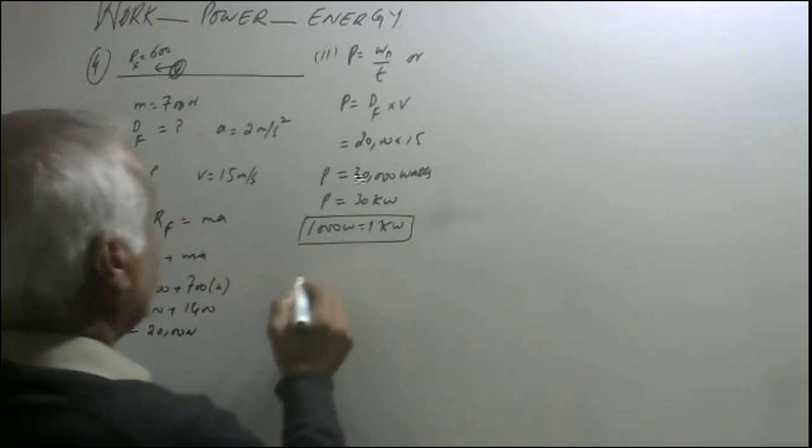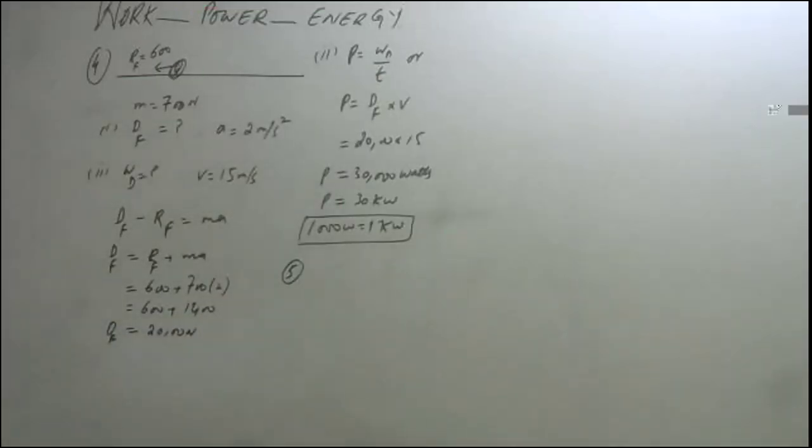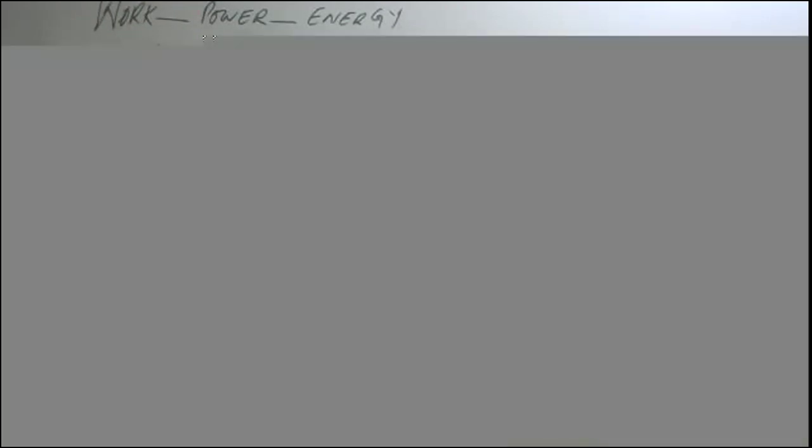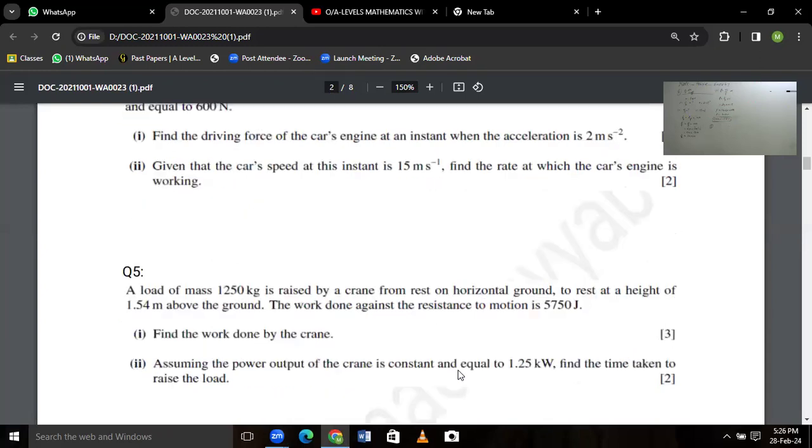Now we are going to start the next question, question 5. A load of mass 1250 kg is raised by a crane from rest on the ground to rest at a height of 1.4 meters above the ground.